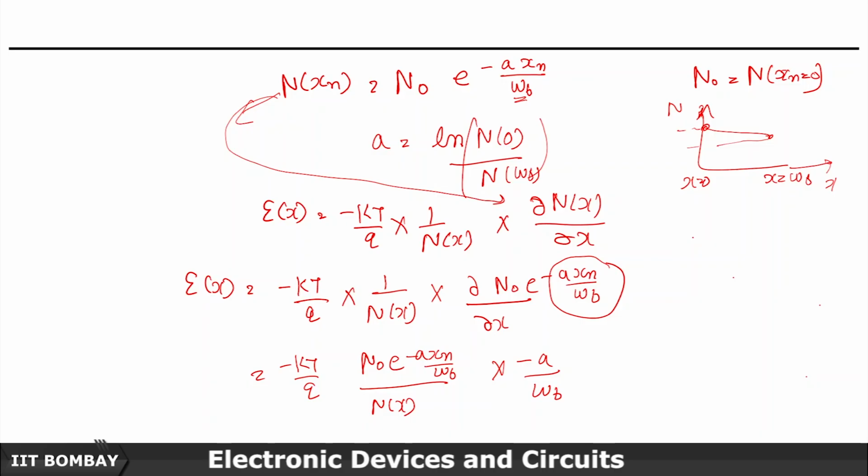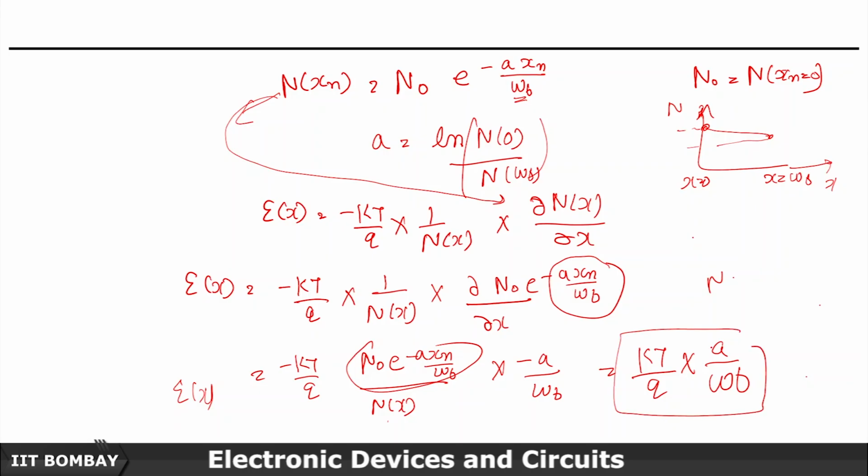Now minus minus will settle down, and the expression we get is kT by q multiplied by a by Vb, because this is already Nx, right? This is how we have defined Nx. So the expression for Ex is kT by q into a by W subscript B. So this is constant. If we design the doping profile properly, we can get a constant electric field.